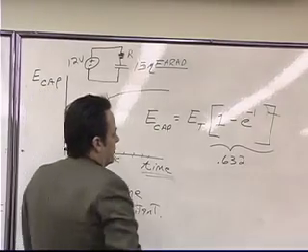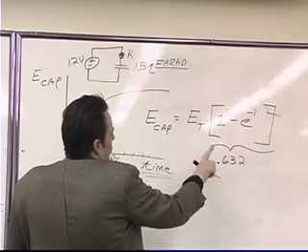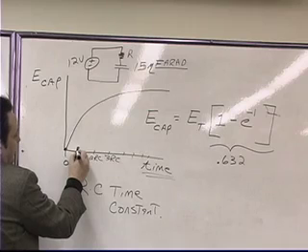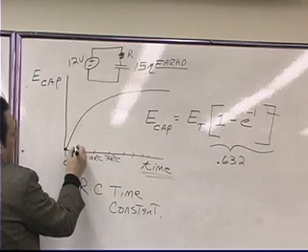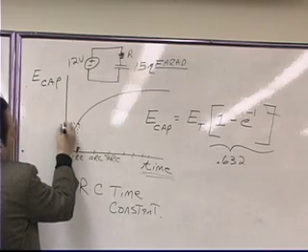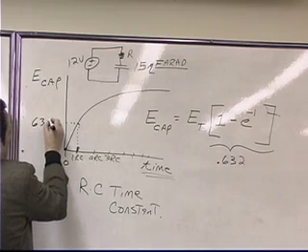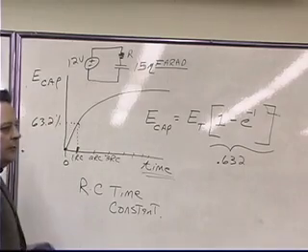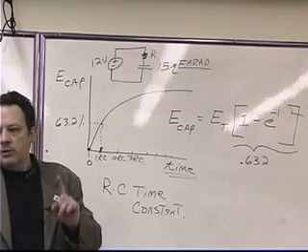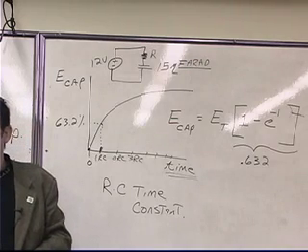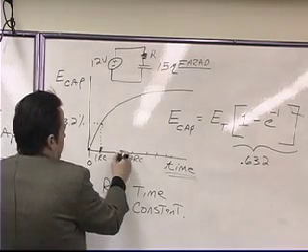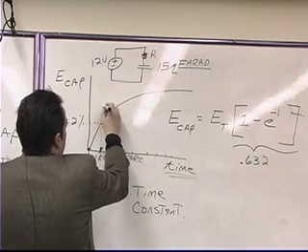So basically what we're saying is that after one time constant has gone by, the voltage on the capacitor has built up to 63.2% of the battery voltage. We call that one time constant. 63.2%. Okay? And then there are others, which you can see in your book, and they'll tell you what they are for 2-time constants, 3-time constants, 4-time constants.